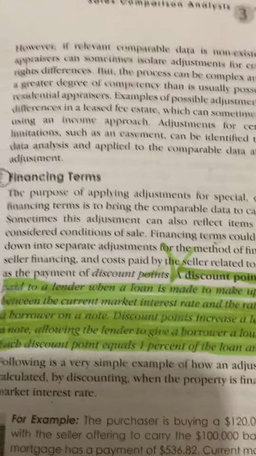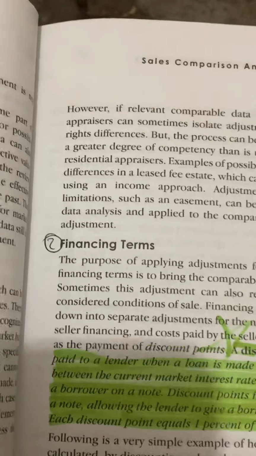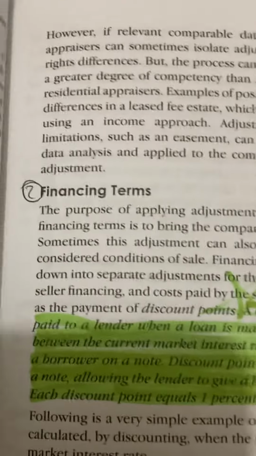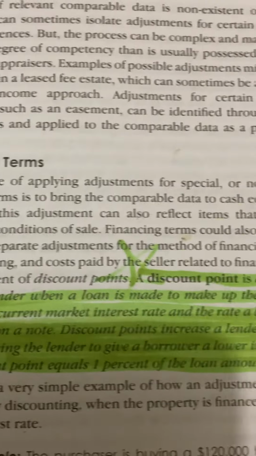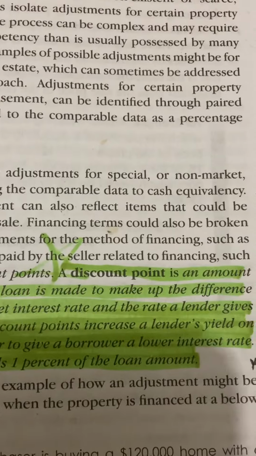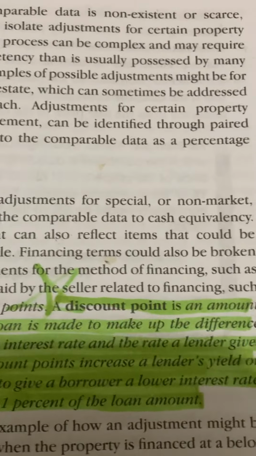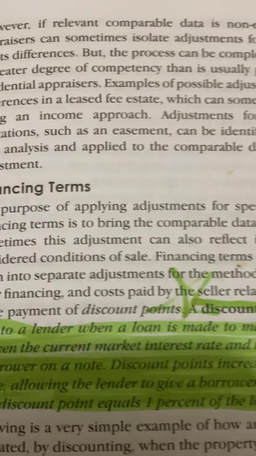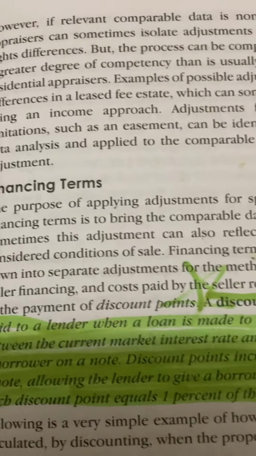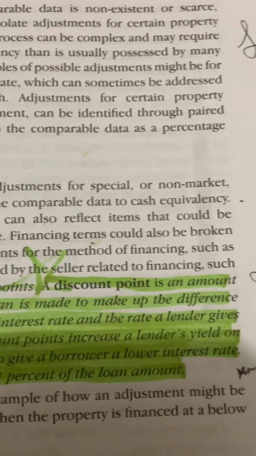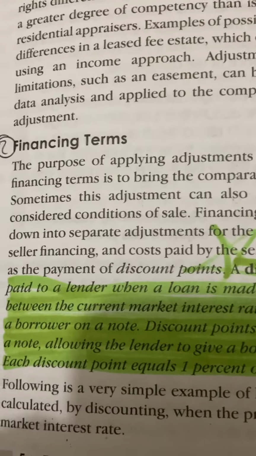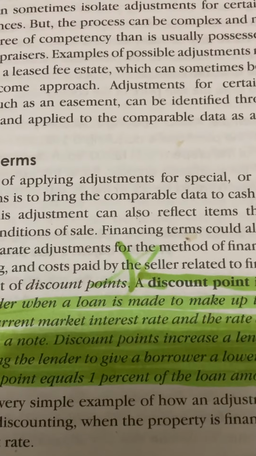2. Financing terms. The purpose of applying adjustments for special or non-market financing terms is to bring the comparable data to cash equivalency. Sometimes this adjustment can also reflect items that could be considered conditions of sale.